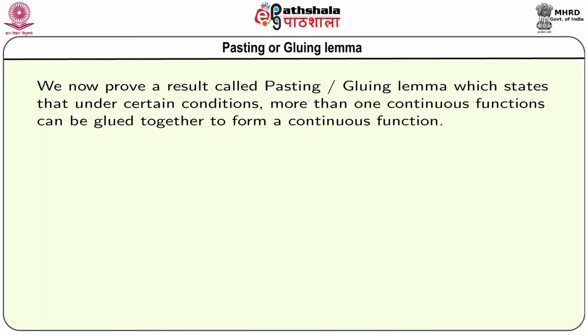We now prove a result called the pasting or gluing lemma, which states that under certain conditions more than one continuous function can be glued together to form a continuous function.